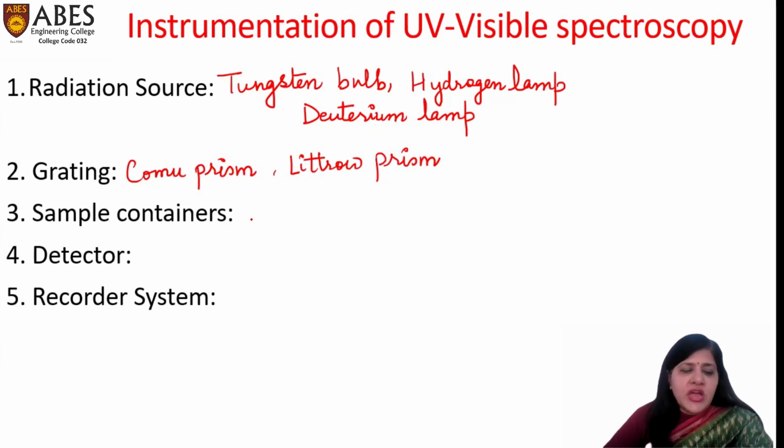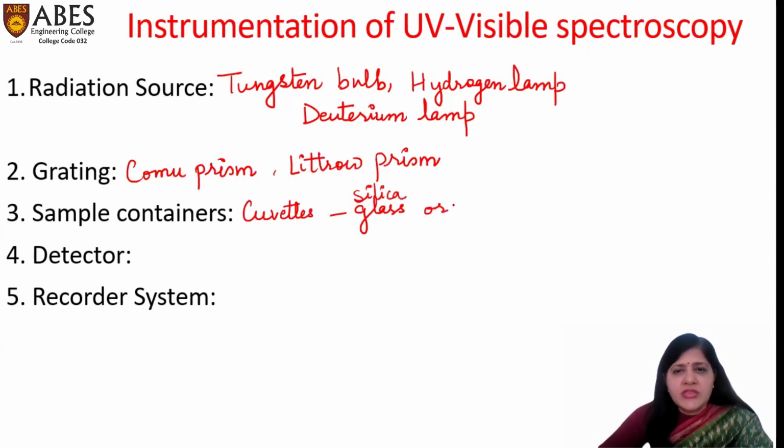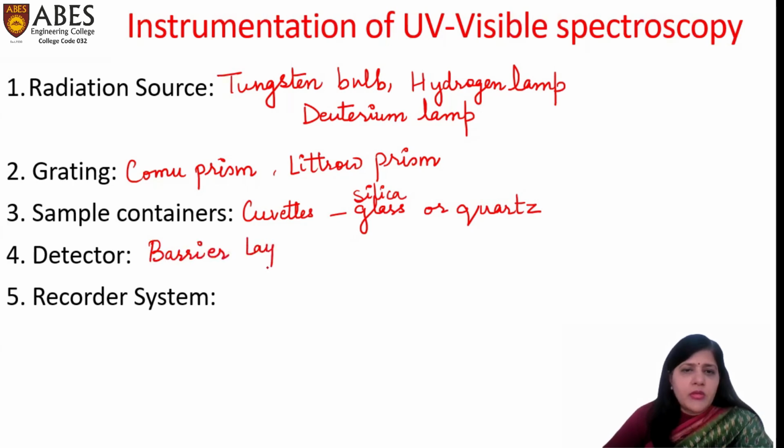Sample containers used are mainly cuvettes made up of glass or silica glass or quartz. Glass or quartz, these are the common materials used for making them. For detection of signal, a barrier layer cell is used, and another common detector is the photomultiplier tube, commonly known as PMT.